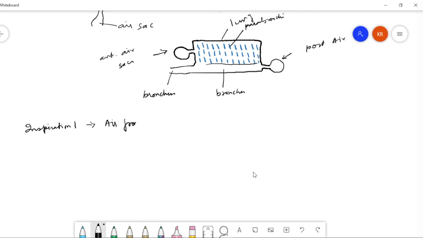Air from the pharynx, which is from outside, enters the trachea, enters lungs, and enters abdominal air sacs.